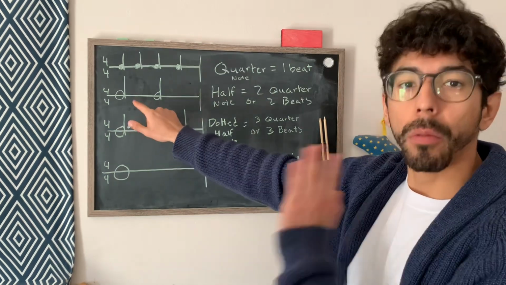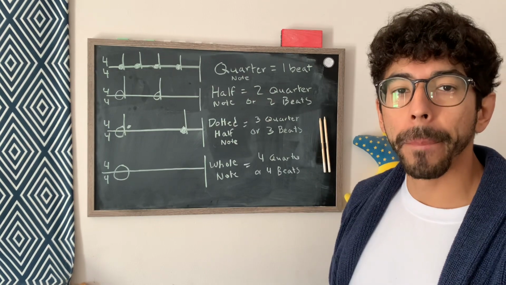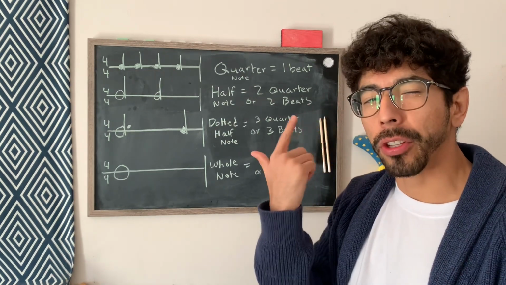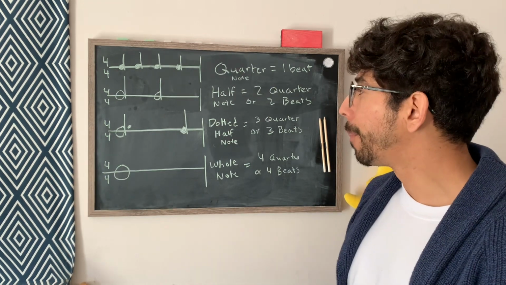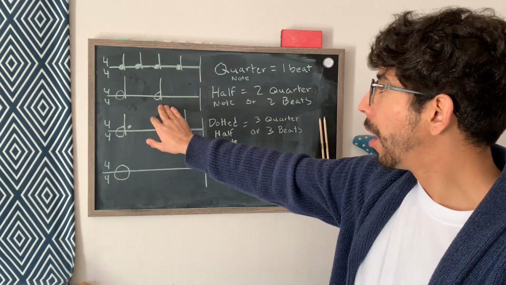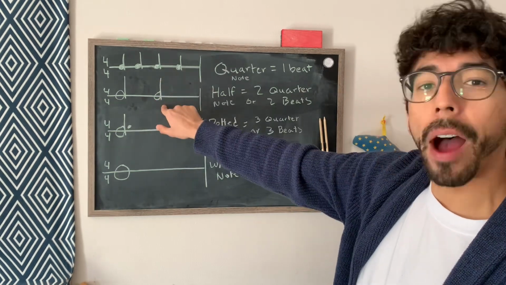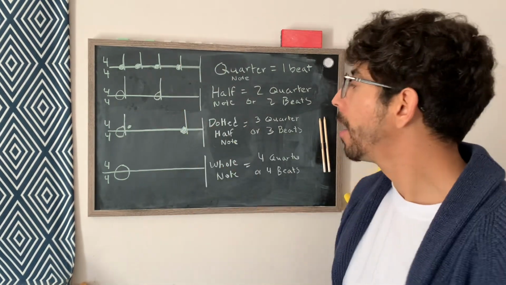Or we count it 1, 2, 3, 4. You would just have to count the 2 and the 4 in your head as you're holding or playing. So we hold these down for 2 beats, and it equals 1 half note equals 2 quarter notes, as you can kind of see. I try to line them up.